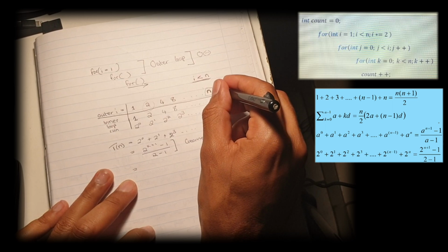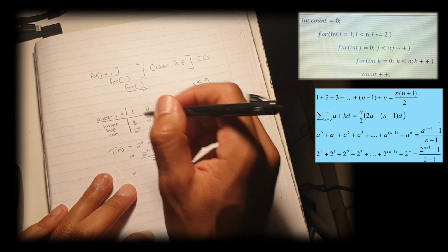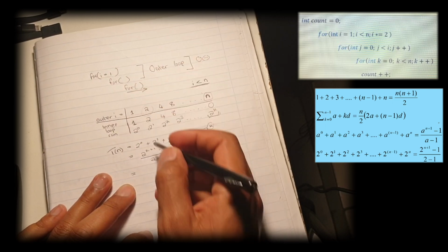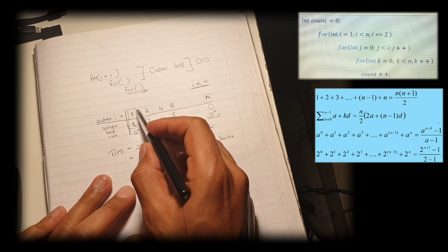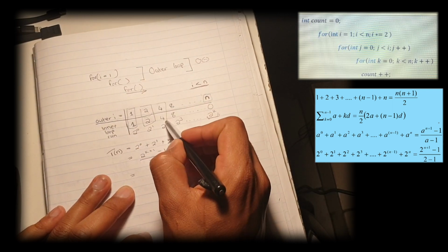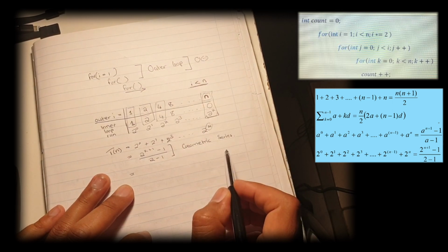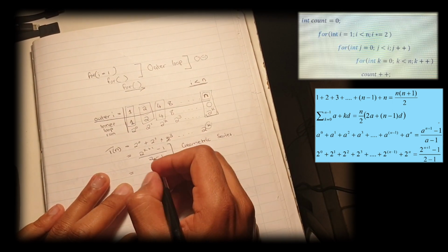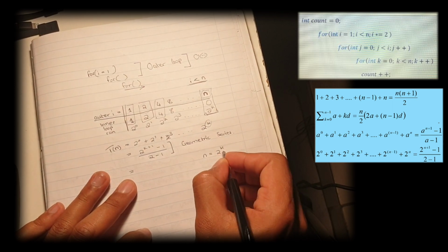And when that value is n, our iterations are 2 to the power of k. And then you check, you see that this value over here is going to be the same as the value under the table. Do you see that? That's equal to that. So for the last one as well, this is going to be true, right? So we simply have n equals 2 to the power of k.